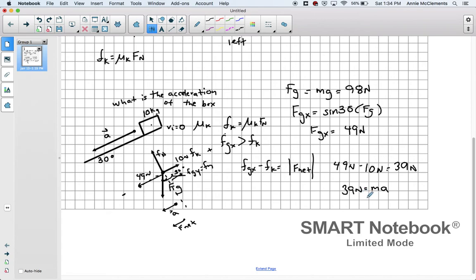The mass of the box is 10 kilograms. So divide both sides by 10, you get 3.9 meters per second squared equals acceleration. So that box is going to start accelerating down the ramp at an acceleration of 3.9 meters per second squared.